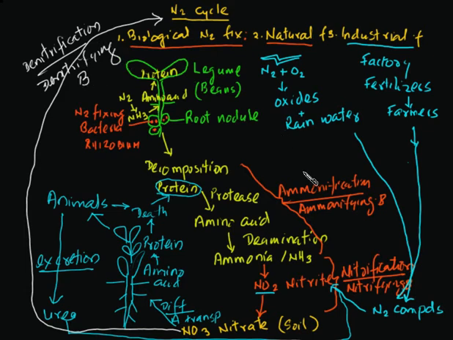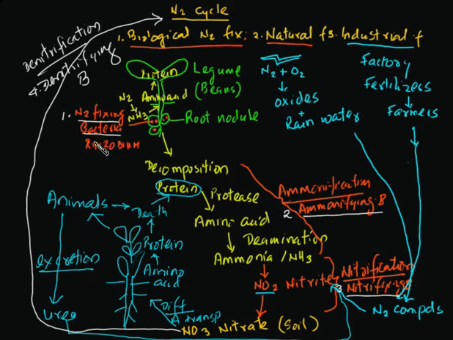So how many bacteria are involved here? You can see that there are in fact 4 bacteria. The first is nitrogen fixing bacteria. Number 2 is ammonifying bacteria. Number 3 is nitrifying bacteria. And number 4 is denitrifying bacteria.